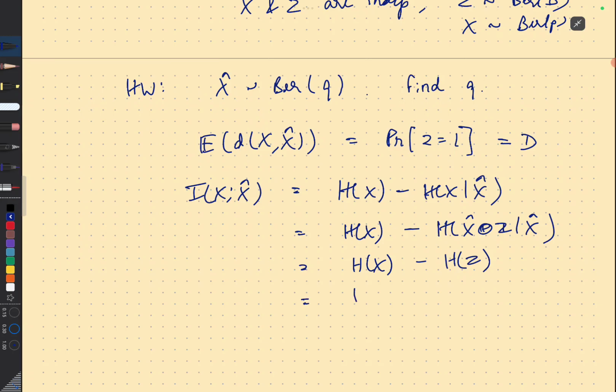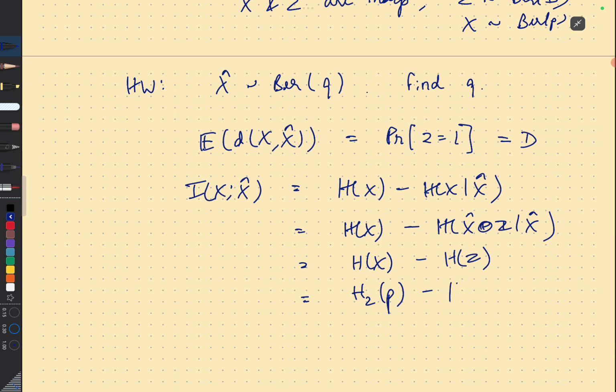So this is equal to, what is x? It's Bernoulli p. So this is the binary entropy of p minus the entropy of z. Z is Bernoulli d. So this is equal to H2(p) minus H2(d). Right?